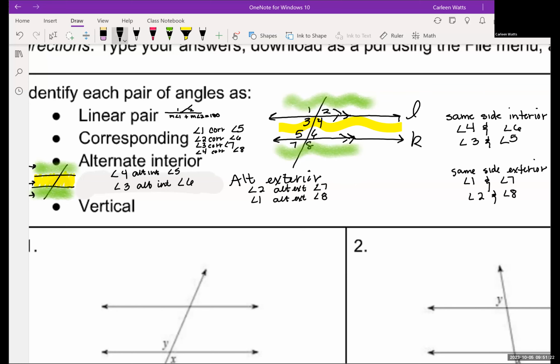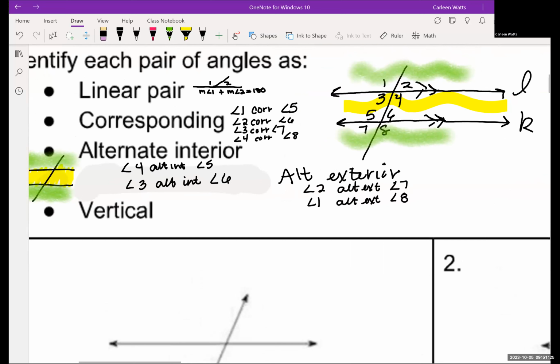Okay, now quick review. Linear pair, notice they're together on the same line, not 2 different lines. Okay, vertical. Vertical looks like this, right? Angle 6 is vertical. Anyone want to guess? Angle 7.